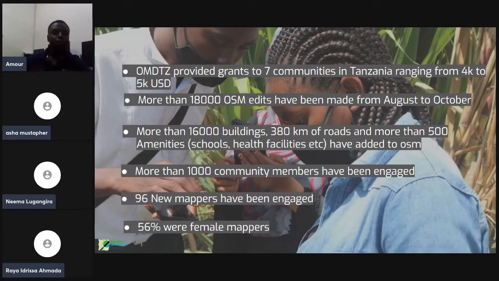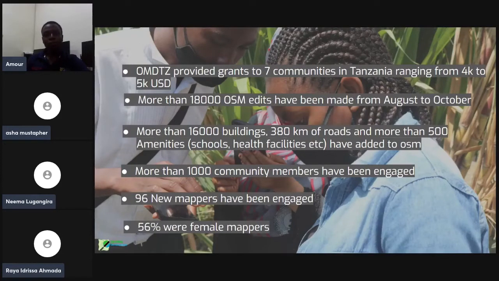It was August this year. So from August up to October, this community went through their project to implement, to collect data, and also to do different outreach.